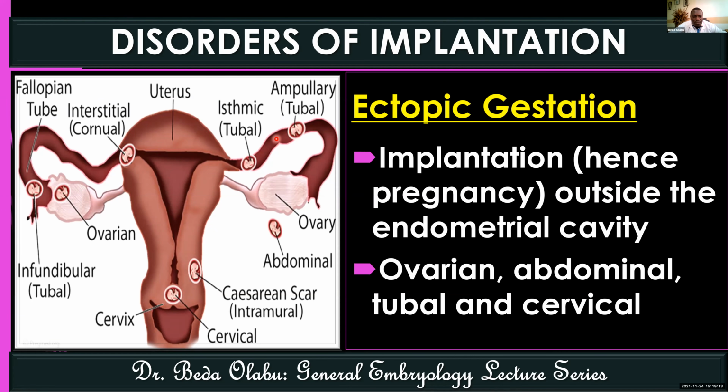Fallopian tube is relatively small, significantly so actually. And so it can't sustain a big baby growing. So if you have pregnancy in the fallopian tube, as the pregnancy grows, it will rupture the fallopian tube. So tubal rupture is one of the outcomes.